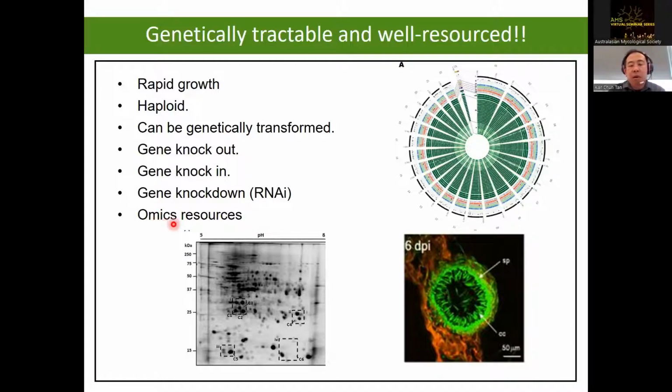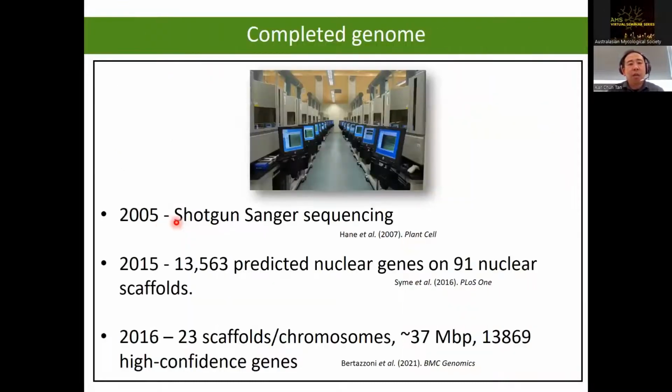One of these omic resources involves completion of the fungal genome, and this is a Herculean task which took a number of years to complete. We started this whole process in 2005, where next generation sequencing wasn't really the hip thing back then.